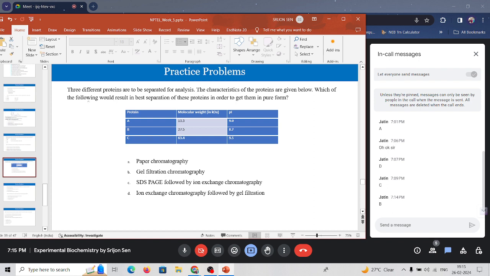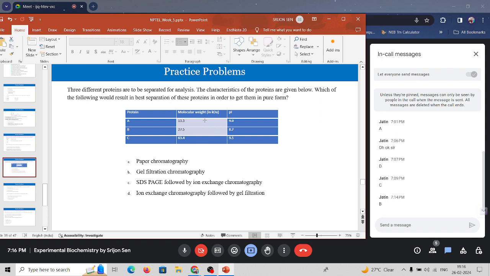Okay. The next one: three different proteins are to be separated for analysis. The characteristics of the proteins are given below. Which of the following would result in the best separation of these proteins in order to get them in pure form? Is it paper chromatography, gel filtration chromatography, SDS-PAGE followed by ion exchange chromatography, or ion exchange chromatography followed by gel filtration?